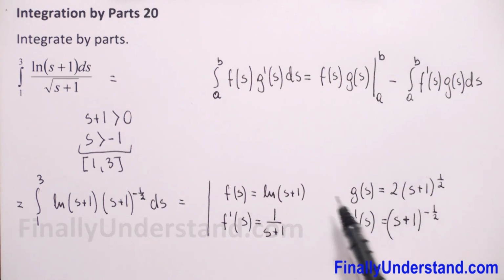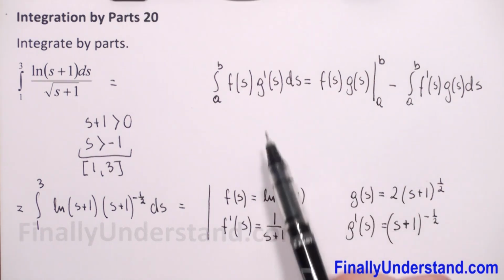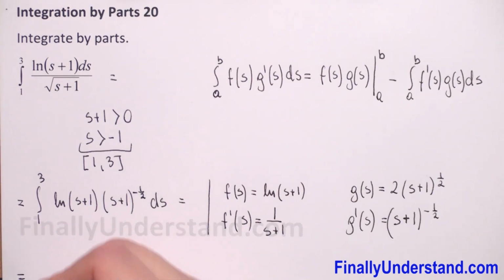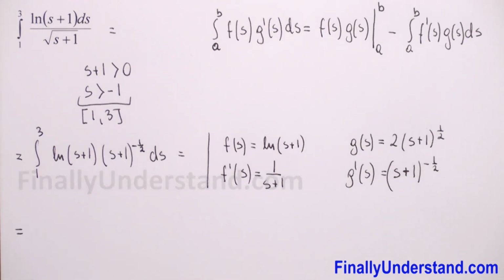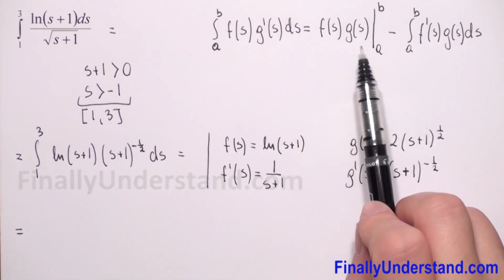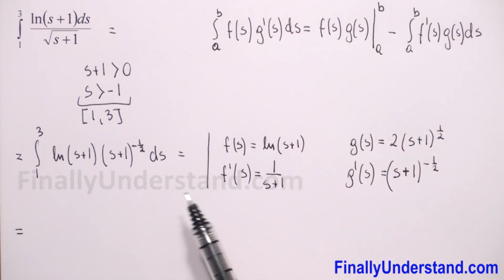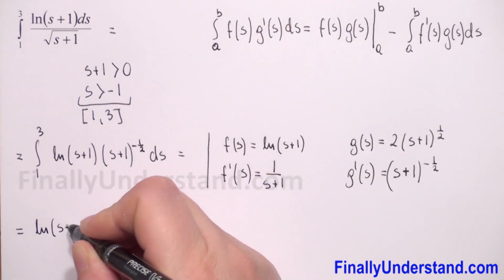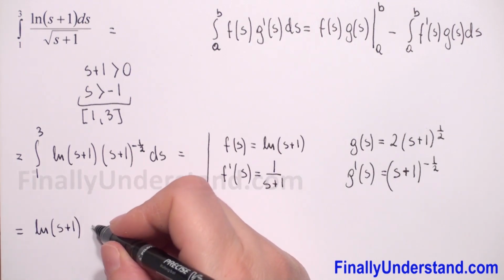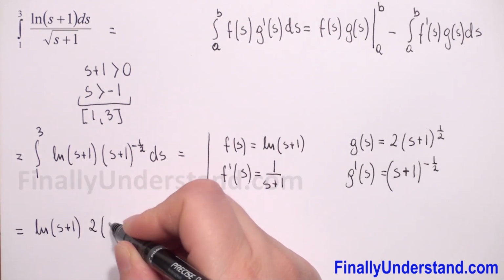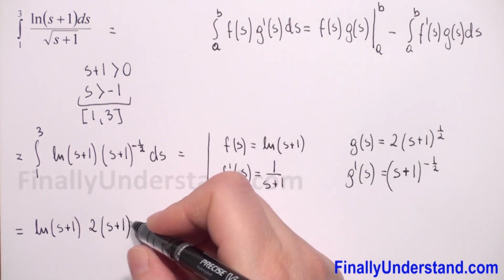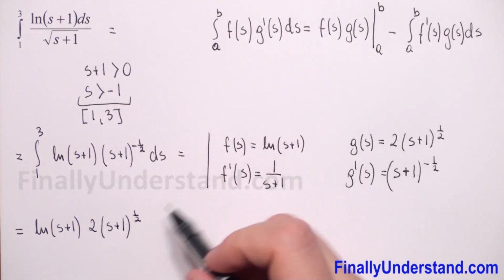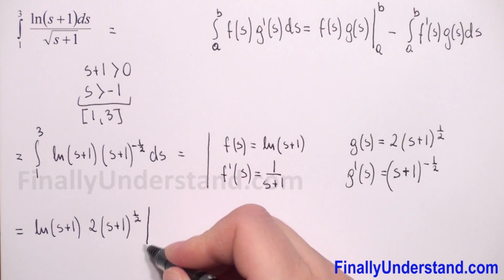So next step, we have to just plug this expression into our formula. So this is equal. First, we have f of s times g of s. So we have natural logarithm of s plus 1 times 2 times s plus 1 to power 1/2. And we have to put vertical bar.